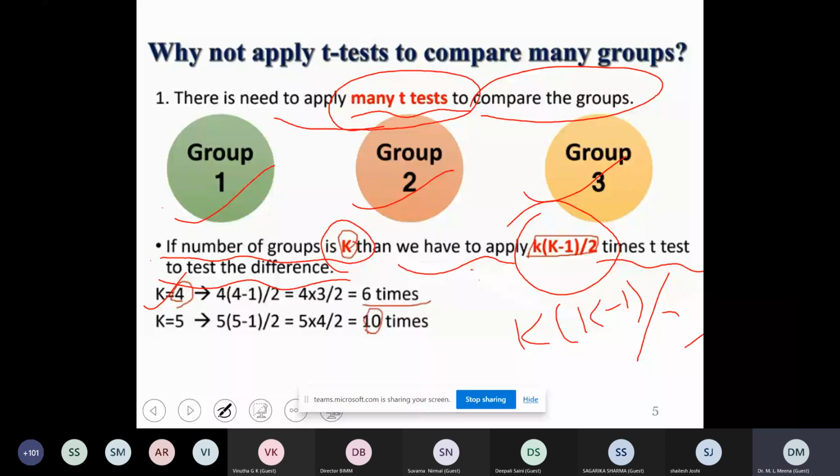Second point is, every time you conduct a t-test, there is a chance that you will make a type 1 error. Applying t-test a single time gives 5% error. Applying t-test 2 times, approximately 10% error. Applying t-test 3 times, approximately 15% error. So ANOVA controls these errors so that the type 1 error remains at 5%.